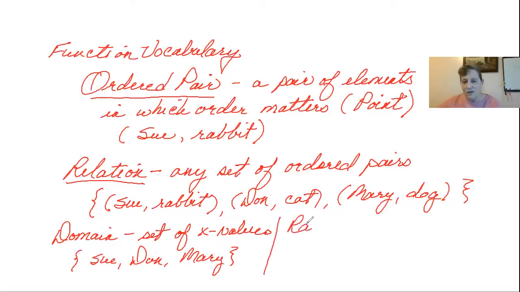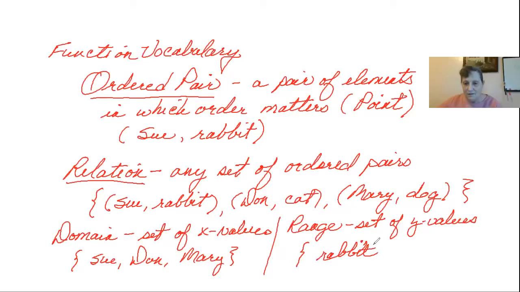The range is the set of Y values, the set of second elements. So in this case, the range consists of Rabbit, cat, and dog.